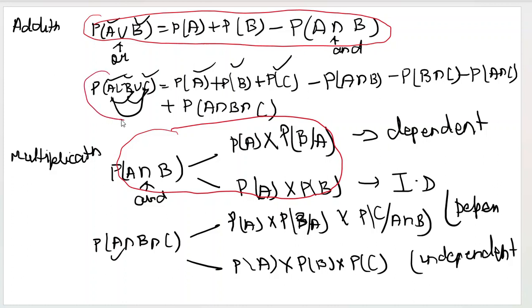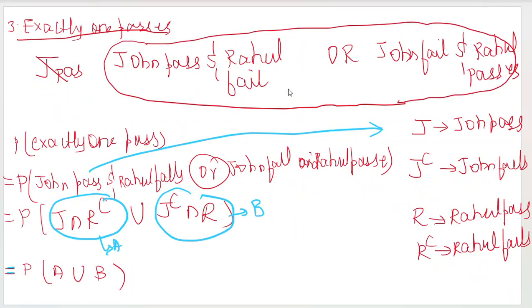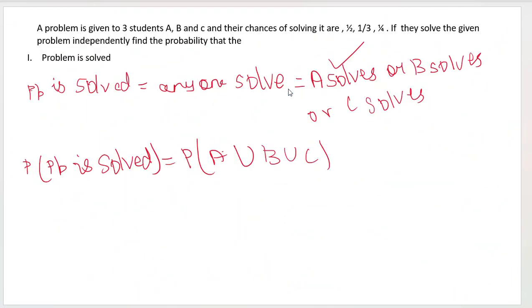Probability of A union B union C is P of A plus P of B plus P of C minus P of A intersection B, B intersection C, A intersection C plus P of A intersection B intersection C. This is the formula which we want to solve this problem.